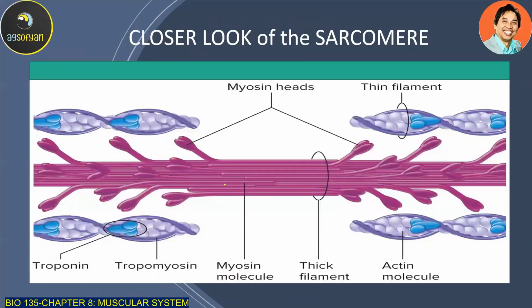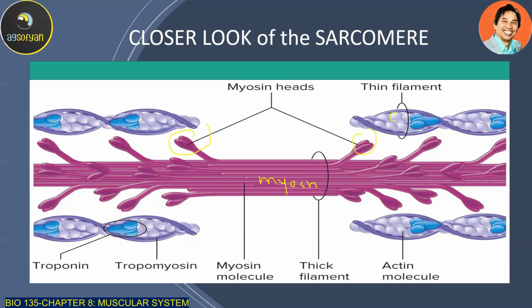Now we're going to look at a closer picture of myosin. So this is myosin. This is the thick filament and it has a head. It's called the myosin head. This is actin.